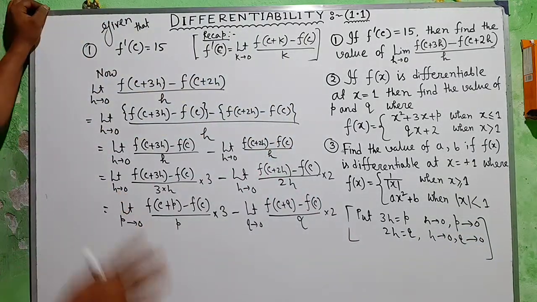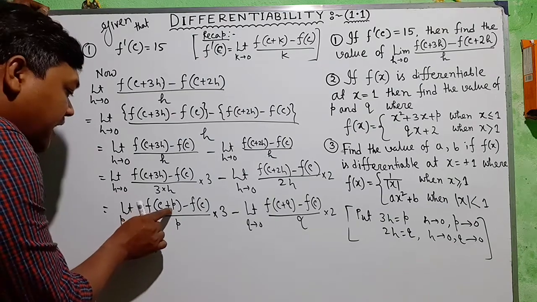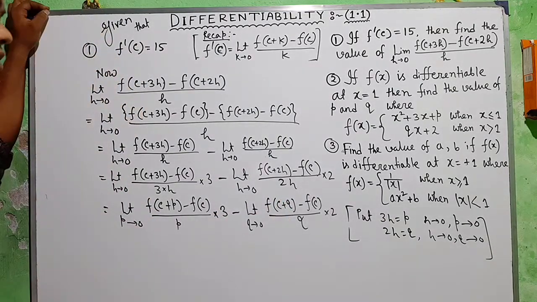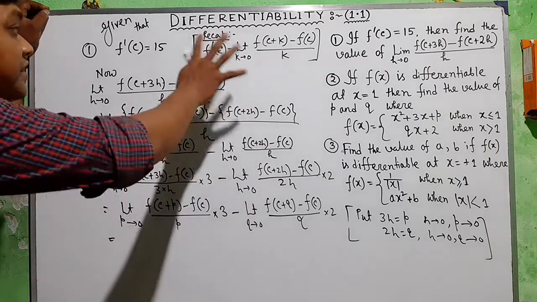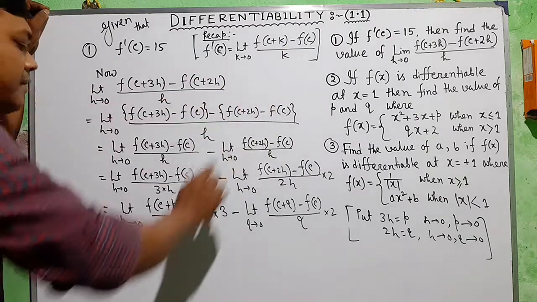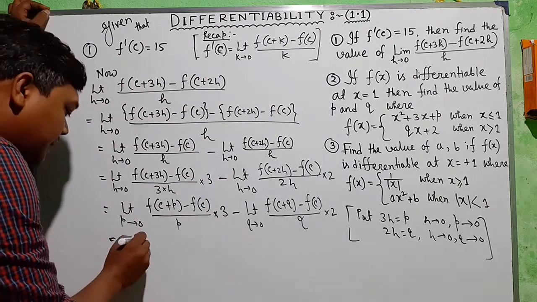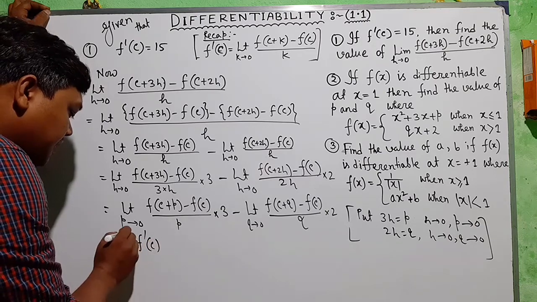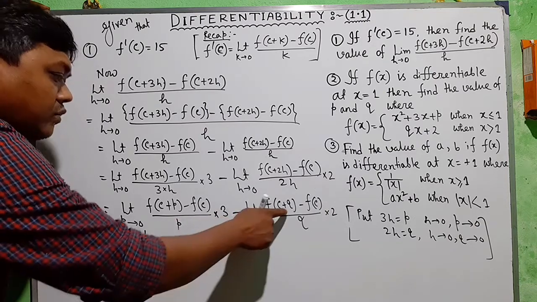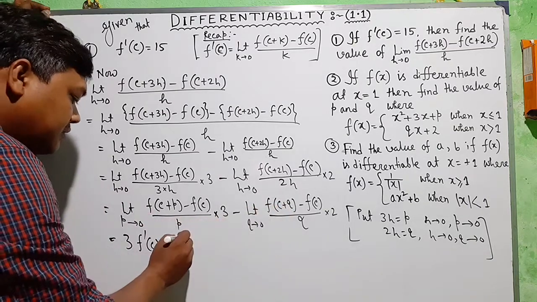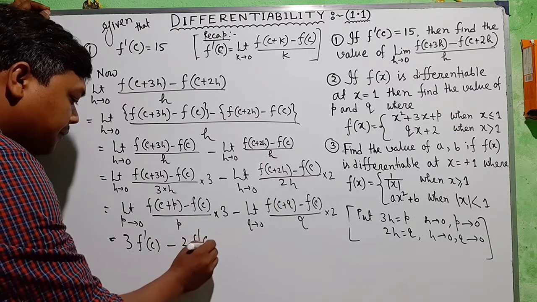Clear? So I have put p in place of 3h and q in place of 2h. According to the definition, where k is an arbitrary value tending to 0, here p is there, so this is f dash c into 3, that is 3f dash c. This also, with q in place of k, is f dash c into 2, that is 2f dash c. So that equals f dash c.